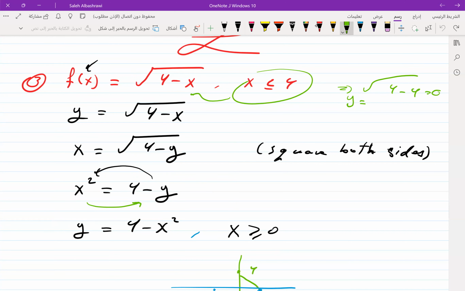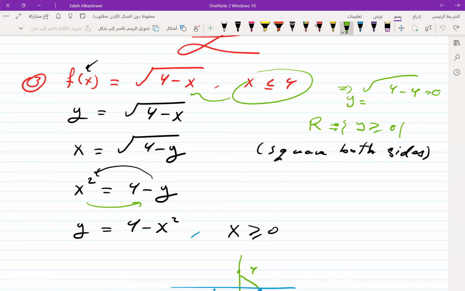The range is y greater than or equal to 0 because x starts from 4, so 4 minus 4 is equal to 0, and all the values of y must be 0 or greater than 0.